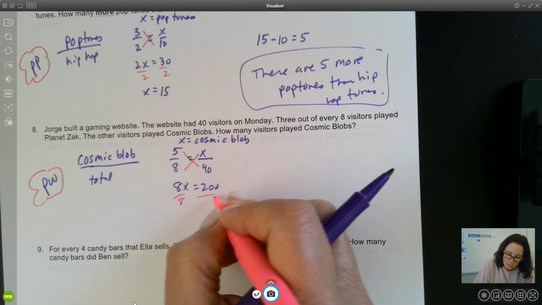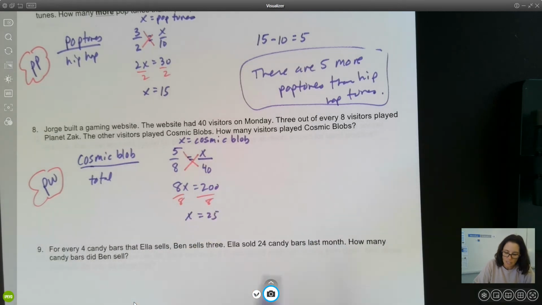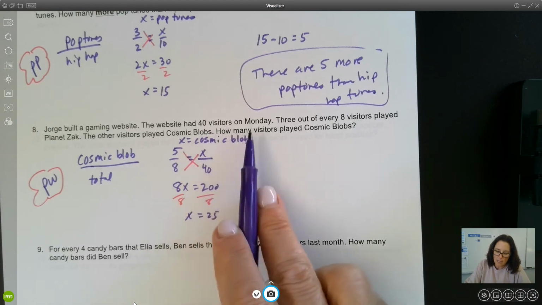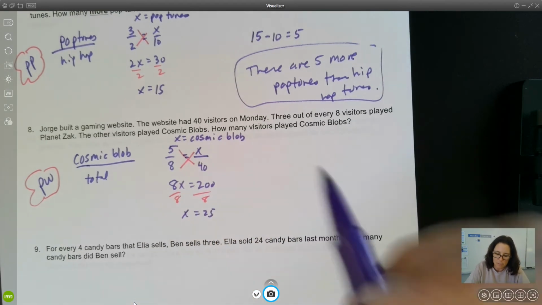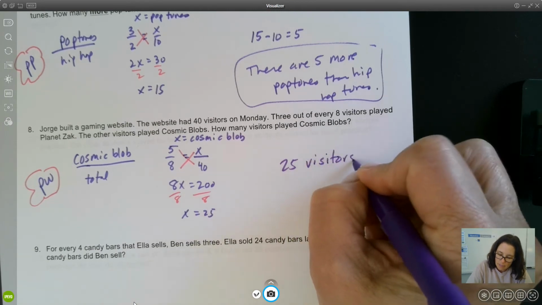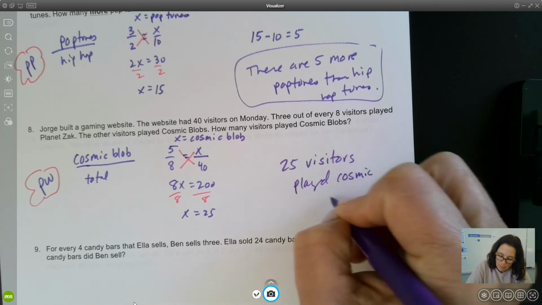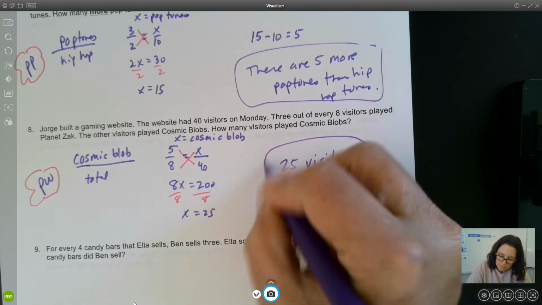Divide by 8. X equals 25. Okay, X is cosmic blob. How many visitors played cosmic blobs? So that's my answer. 25 visitors played cosmic blobs.